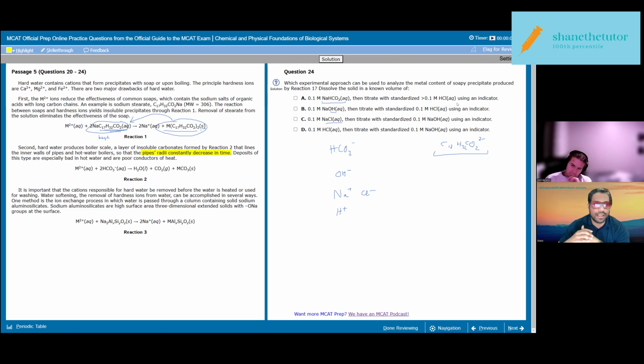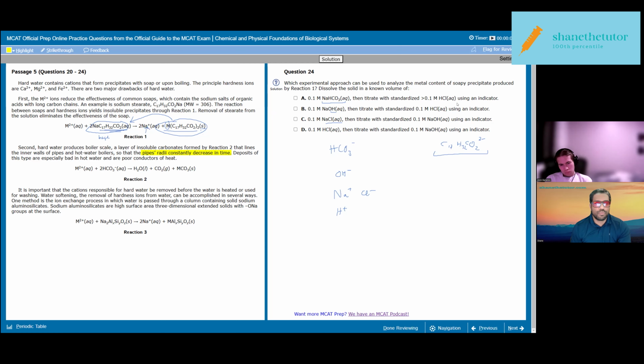So we want the M, the metal content. And when they say metal content, I mean technically the sodium is metal, but maybe they mean the capital M. I'll take that to mean it's a capital M.